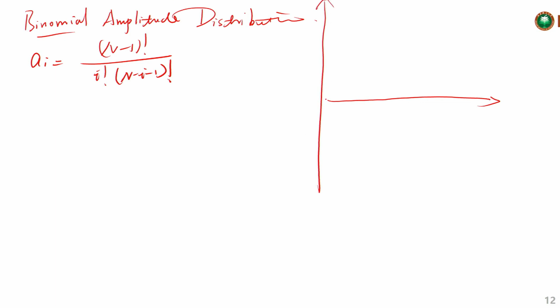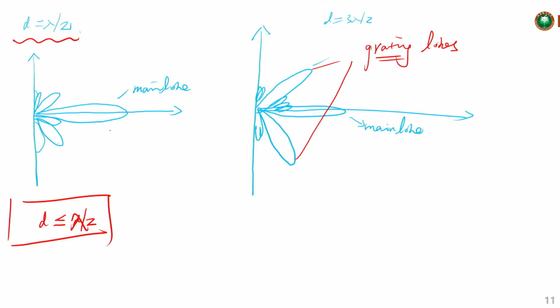Under certain conditions, we can suppress its side lobes, but the beam width becomes much wider. Let me compare it to the previous one here.